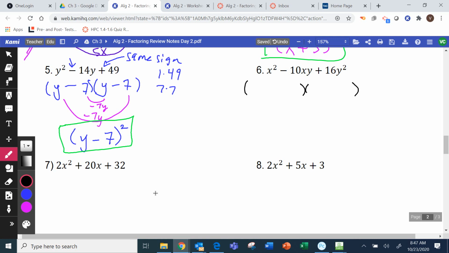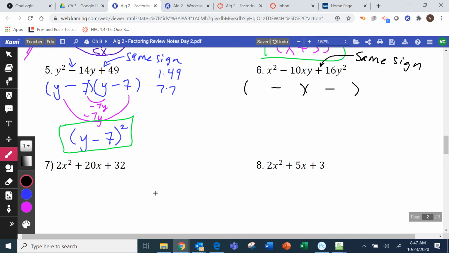What's the same in all 3 terms? No. There's nothing that's the same in all 3 terms. So there's not a greatest common factor, but I always have to check. And then right here, this is a plus sign, which tells me both signs are the same. And the minus sign up front tells me they're both going to be minus.